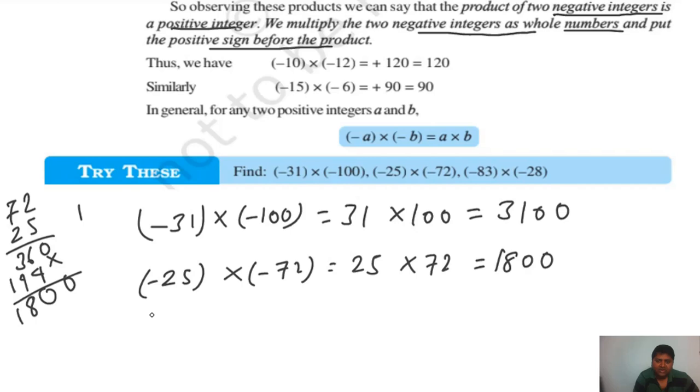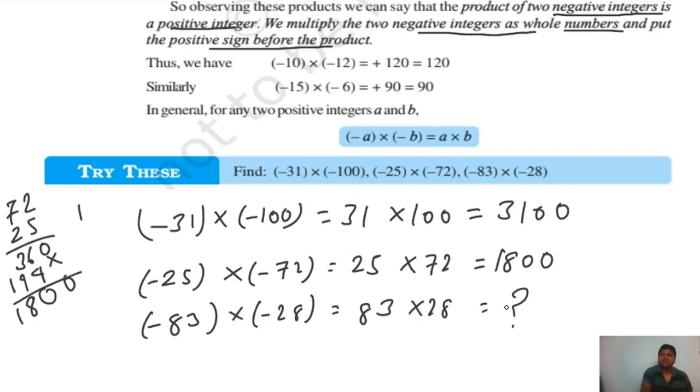In a similar way, try this portion: 83 into minus 28. Simply multiply 83 into 28. What is the result? Try this in this worksheet.